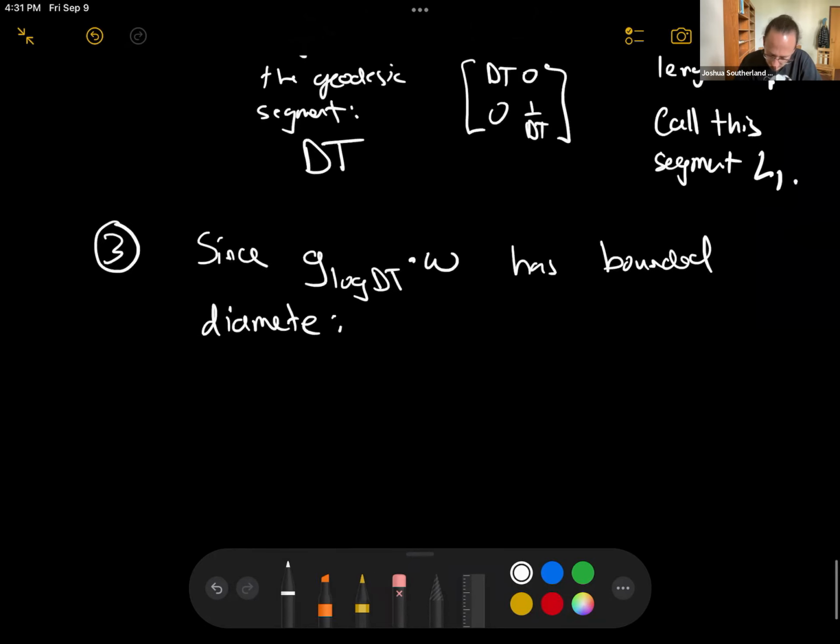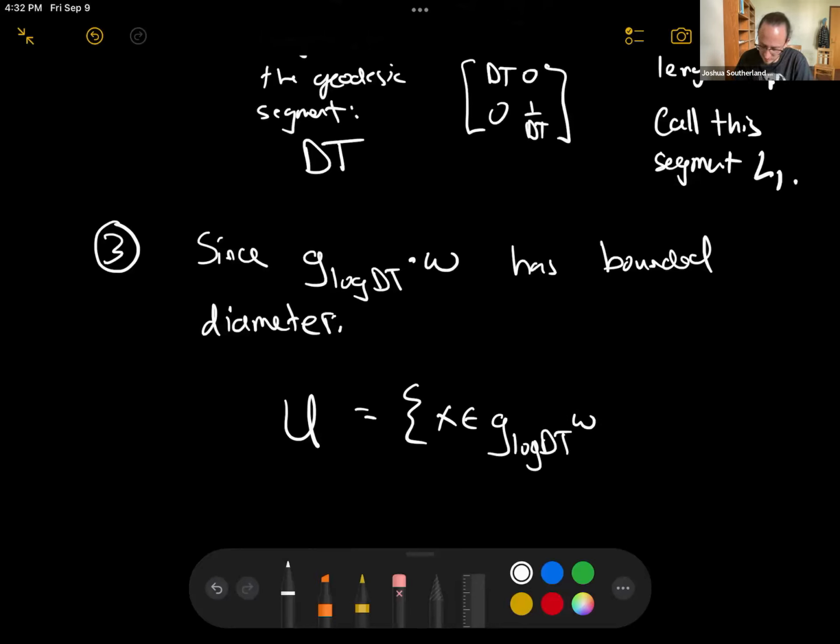I can find a neighborhood around the trajectory that I'm going to call u, which is essentially x inside of this translation surface g log dt omega, where the distance between x and L1, the trajectory in the image, is less than d.